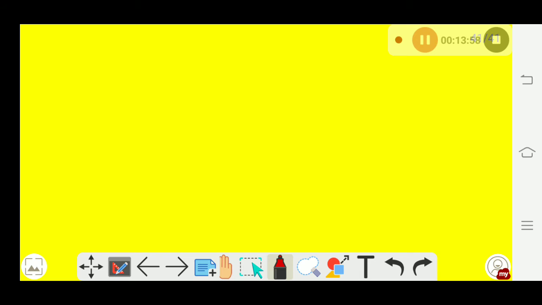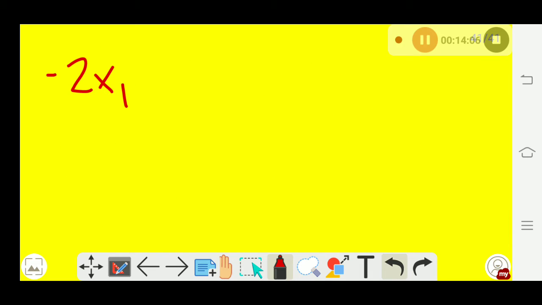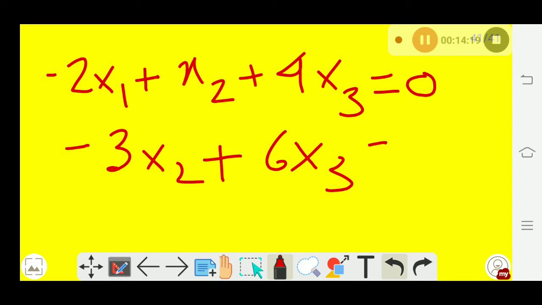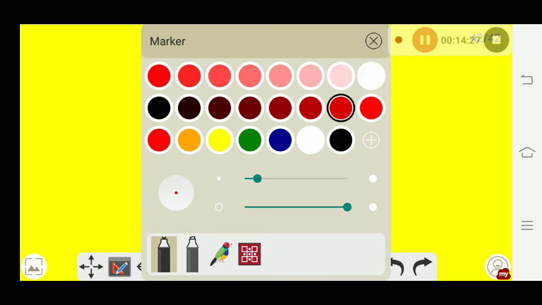So what we are getting is minus 2x1 plus 1x2 plus 4x3 equals 0, and minus 3x2 plus 6x3 is equal to 0. So let's do the same thing, the method of cross multiplication.